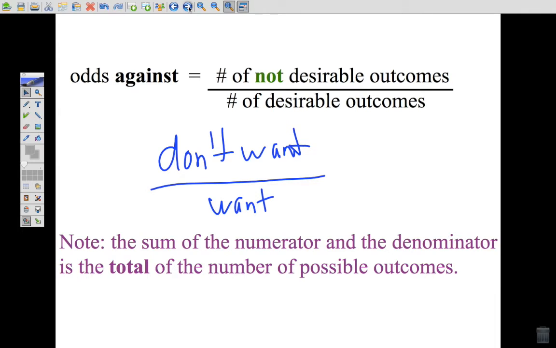Well, how many sides of my die are not 5s? 1, 2, 3, 4, and 6. It means there are 5 sides on that die that are not 5s. The denominator, how many sides are 5s? Just 1 of them. So my odds there would be 5 over 1. And again, the sum of the numerator and the denominator is the total number of possible outcomes.